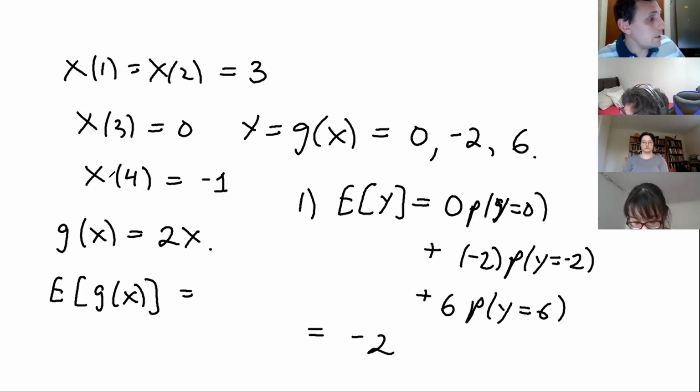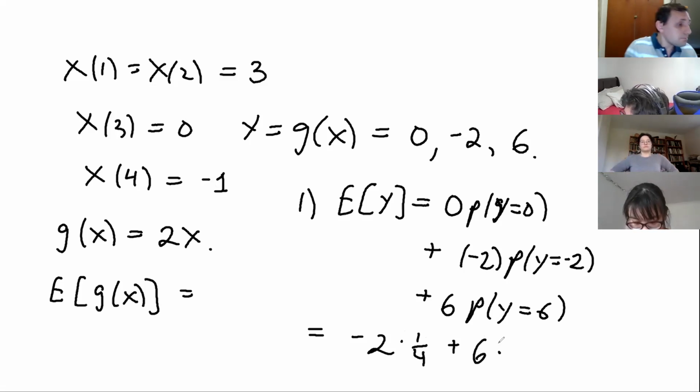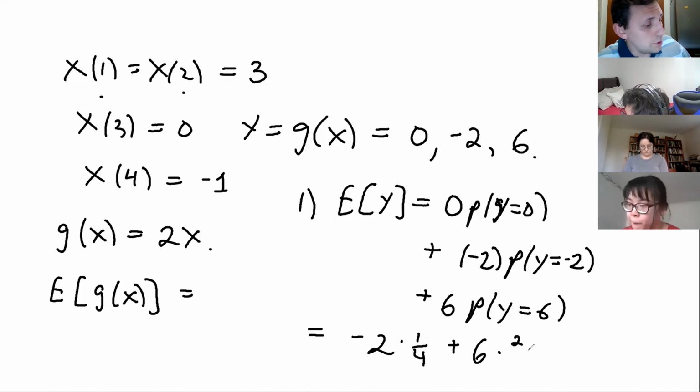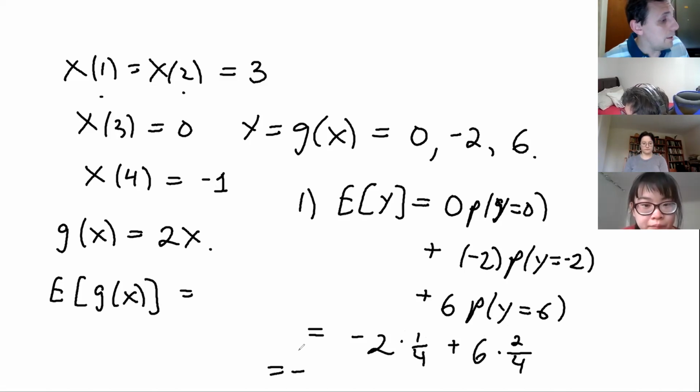When X is equal to -1, and the probability of X being equal to -1 is 1/4, right? So it's -2 times 1/4, plus 6 times the probability that Y is equal to 6, which means X is equal to 3, and the probability is this plus that, which is 2/4. So it's 6 times 2/4. So the result is simply -1/2 plus 3, right? That's one way to calculate the expected value.